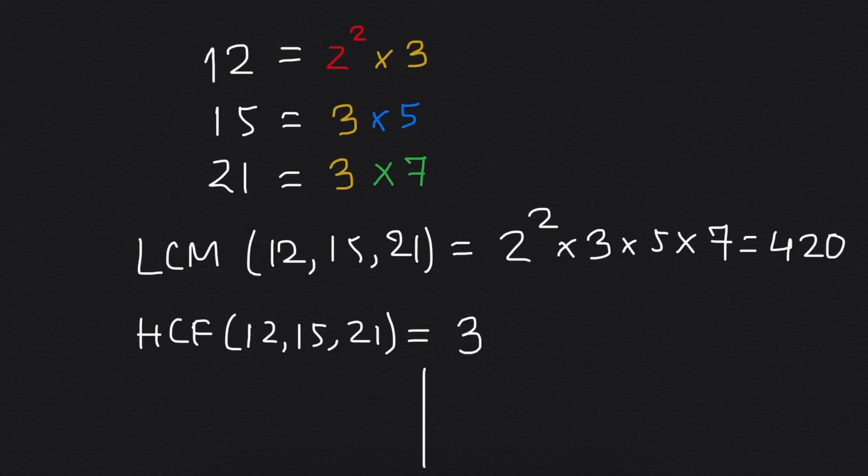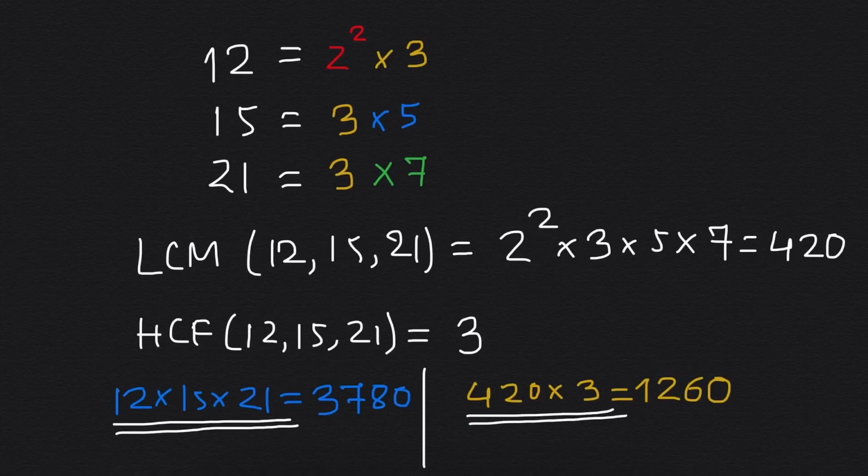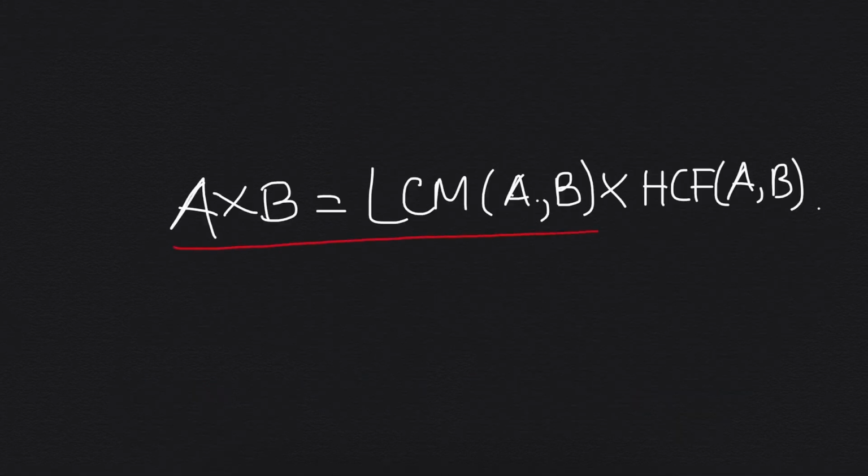If we multiply 12, 15 and 21, 3780. Now let's multiply their LCM and HCF, that is 420 into 3. So here we have seen for three numbers the multiplication of the numbers is not equal to the multiplication of their LCM and HCF. This condition is only valid for two positive integers.